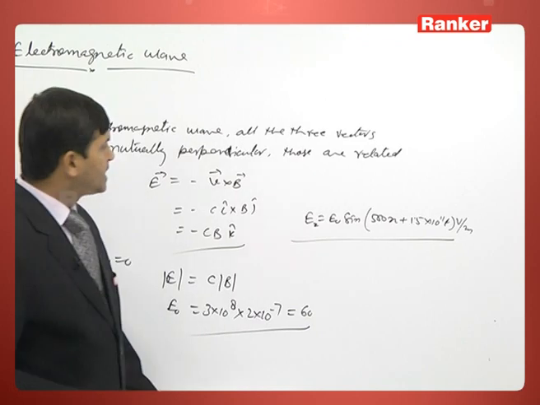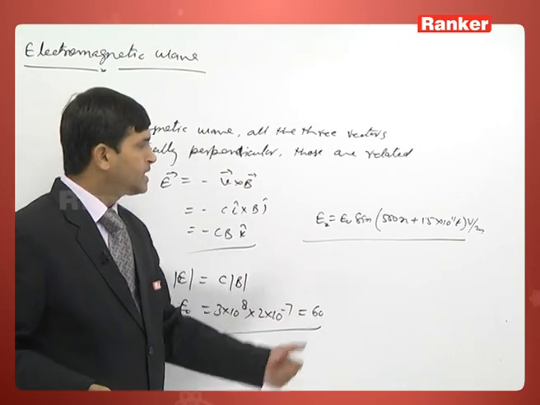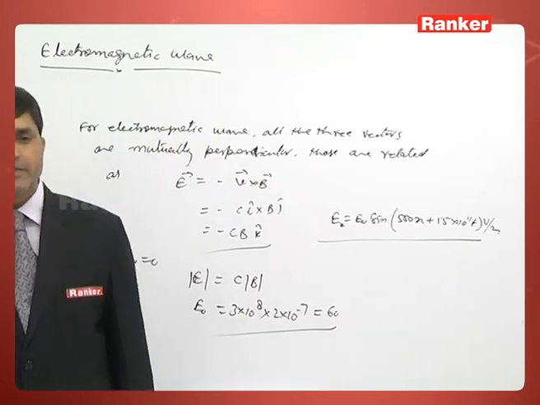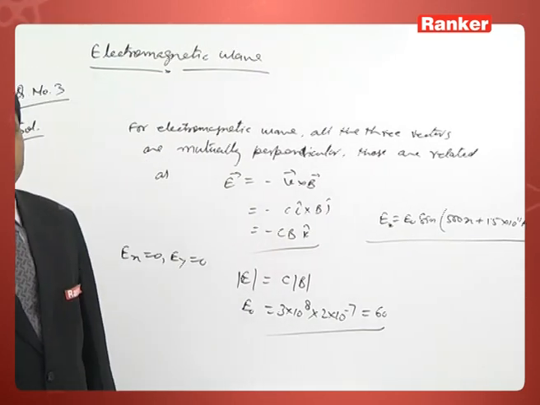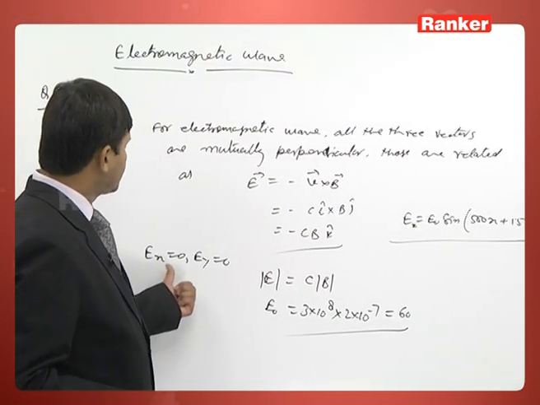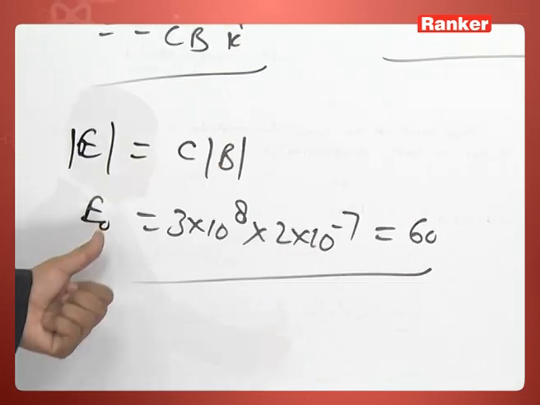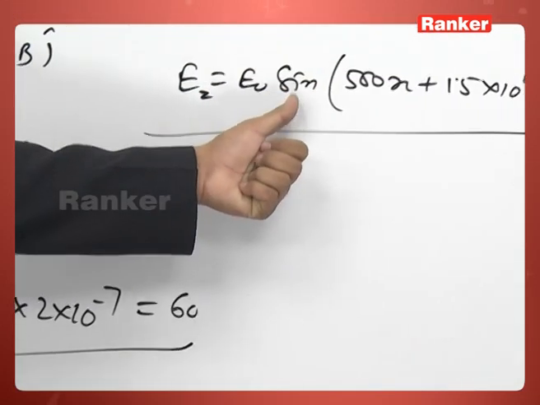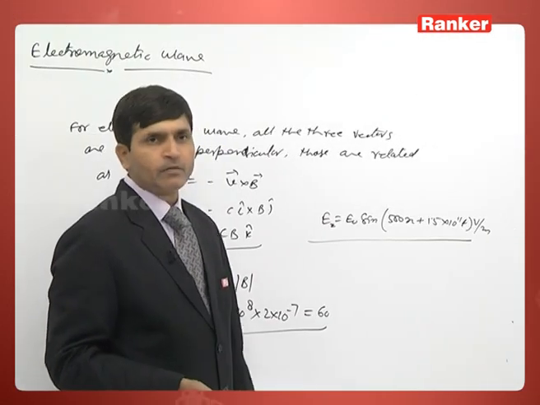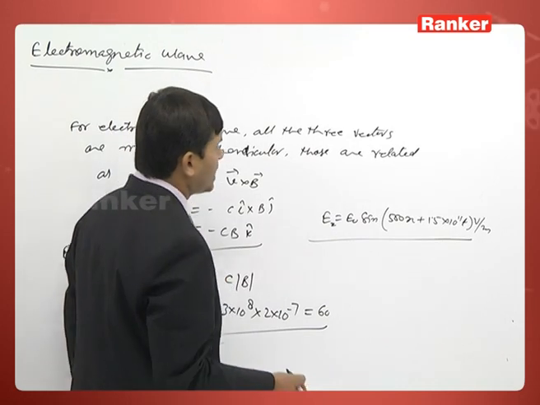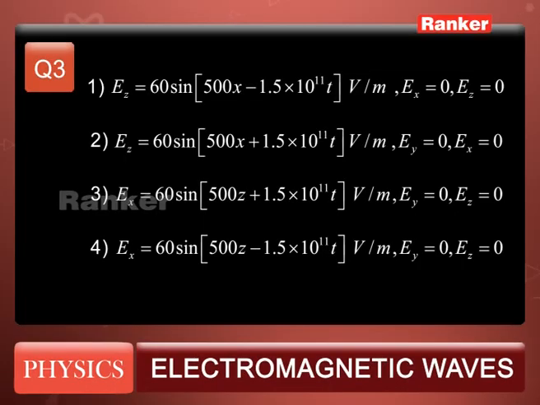So this is the Ez, where E naught is 60. So option number 2 is the correct option, which gives Ex 0, Ey 0, and Ez is 60 sine 500x plus 1.5 into 10 to the power 11 t. So correct option, option number 2.